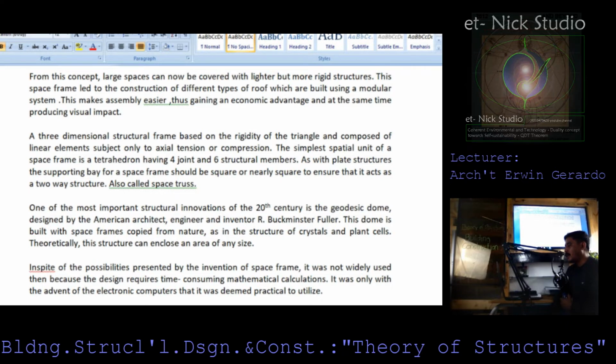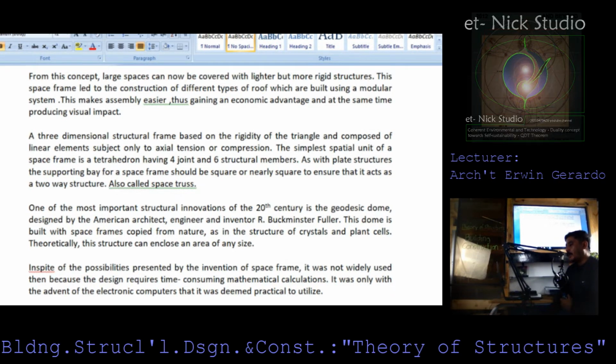As with plate structures, the supporting bay for a space frame should be square or nearly square to ensure that it acts as a two-way structure, also called space frame.